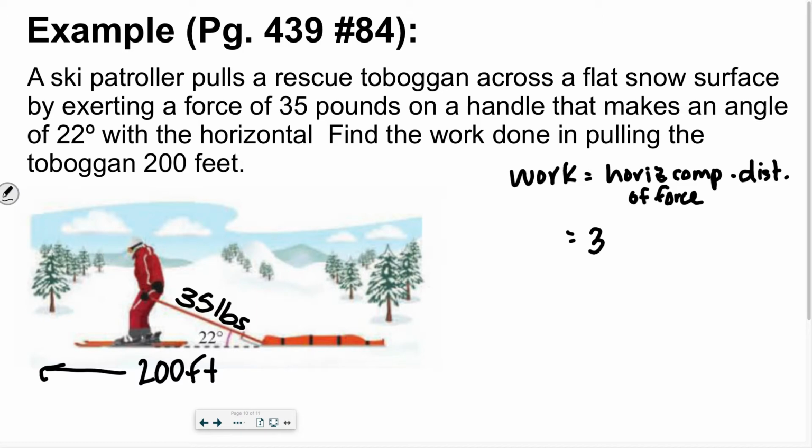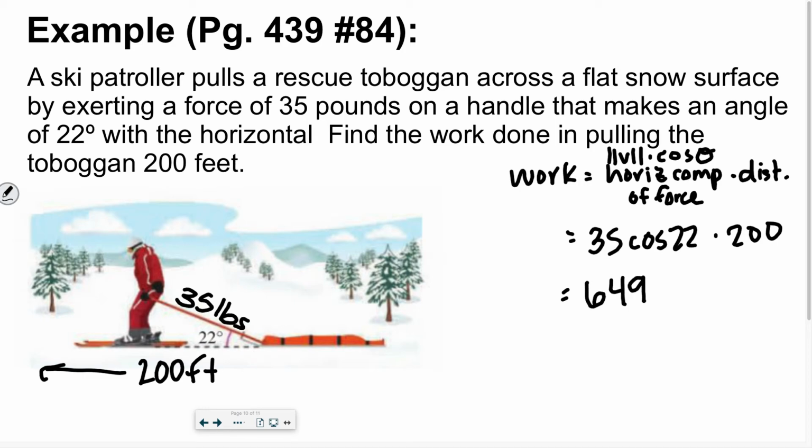So that would be 35 times cosine 22. Maybe I'll write magnitude times cosine theta right up there. And then what's the distance? 200 feet. You get a big number, so don't be alarmed. It's 6,490.29.